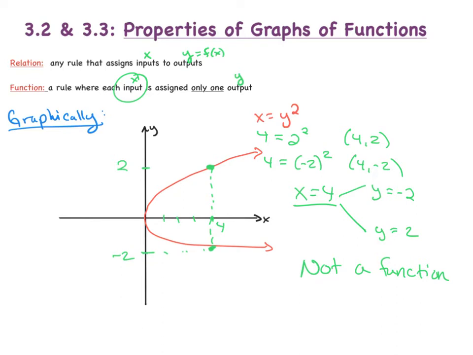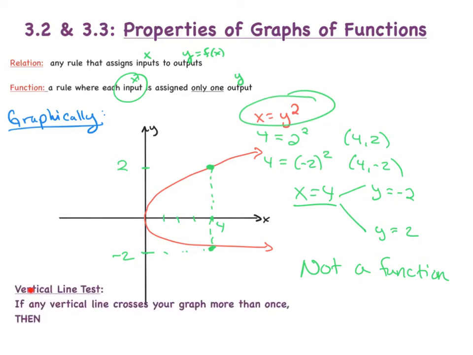All this stuff that I just did in green depends on knowing the equation x equals y squared, and I don't want you guys to have to come up with that. So we're going to talk about something called the vertical line test that's a lot easier to do. Here's what the vertical line test says: notice that when we were drawing x equals 4, that was creating a vertical line.